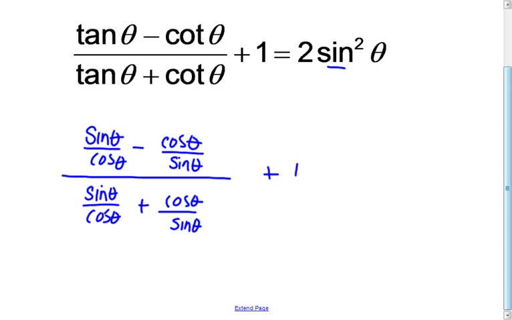So if I look at this, my common denominator between cosine and sine would be sine cosine. So I need to multiply this by sine over sine so that I have a common denominator, and this by cosine over cosine. Okay, same thing on the bottom. My common denominator is sine cosine, so I will multiply this by sine over sine, and this by cosine over cosine.